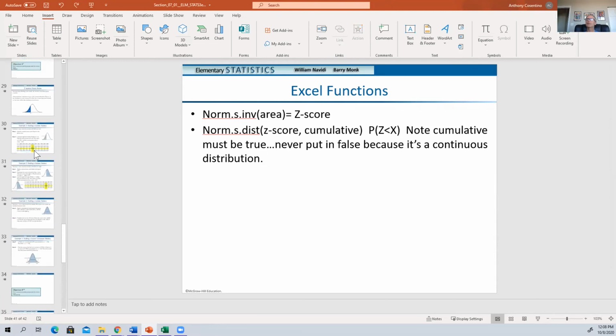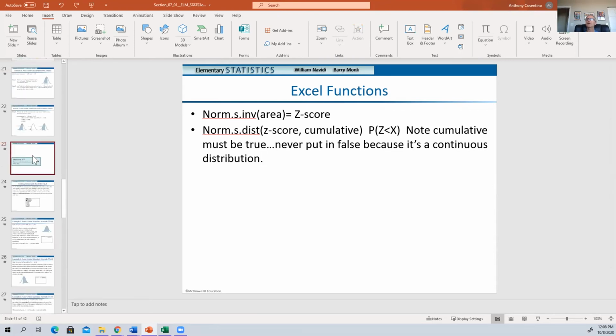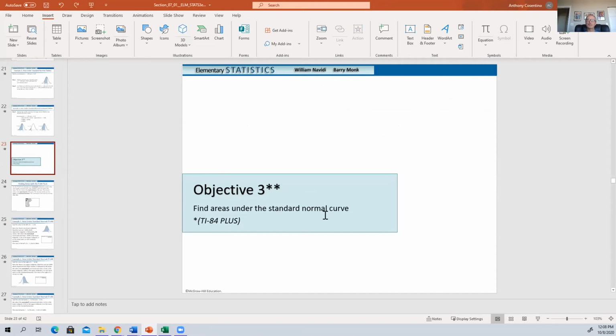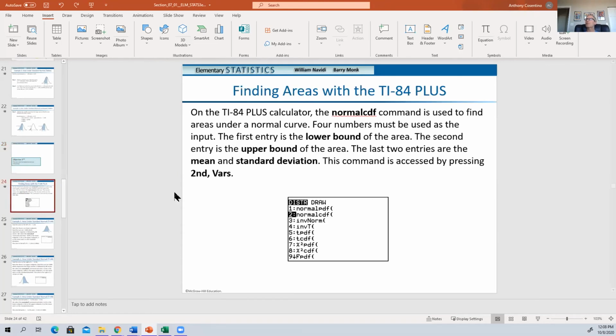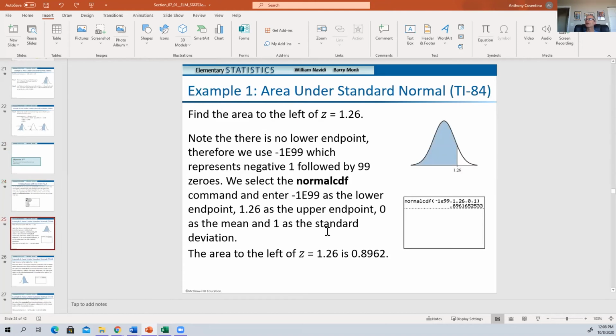So let's do this calculation. And again, here is using the calculator, and I'll do the same thing using the spreadsheet. And so they have a norm.cdf for that calculation. What is the area given less than, if the z-score is 1.26?